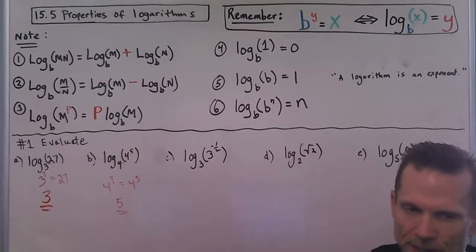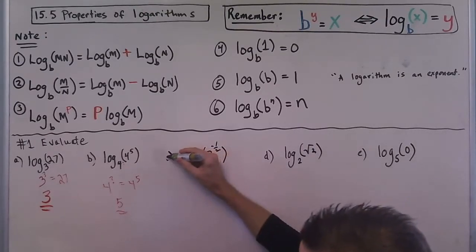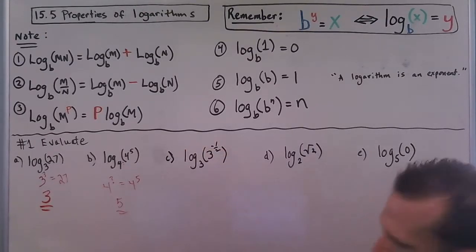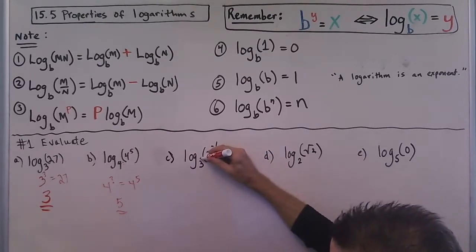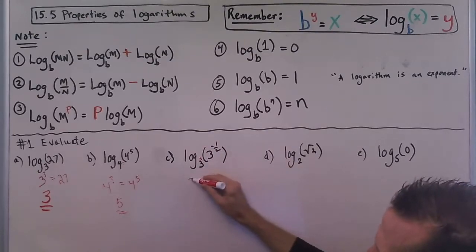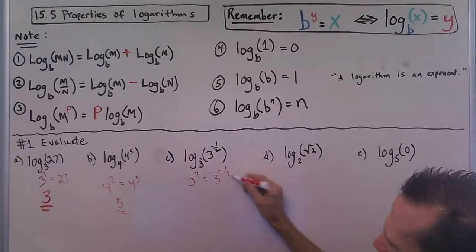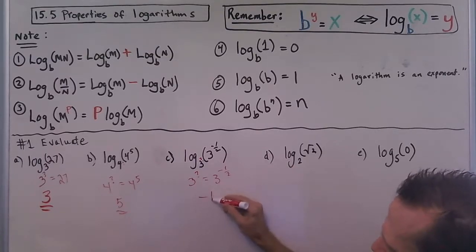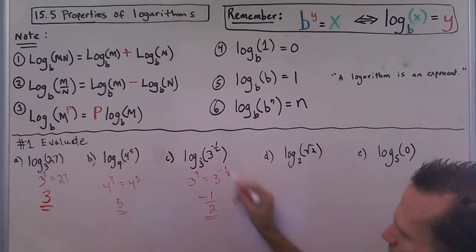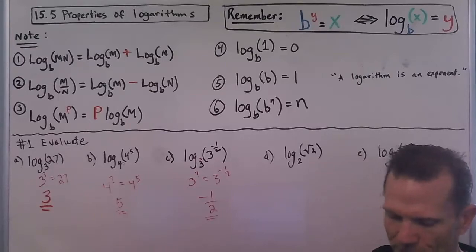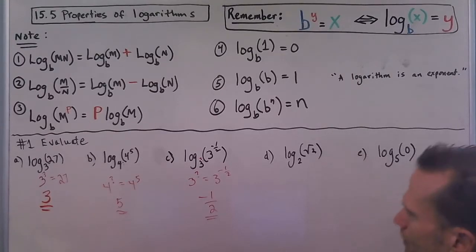So you can see, if you insert this little question mark, it sometimes can make the problem quite easy. So if we insert a question mark here, we get 3 to what power equals 3 to the negative half? Well, that's negative half. And you might want to practice trying these on your calculator to see how they work out.